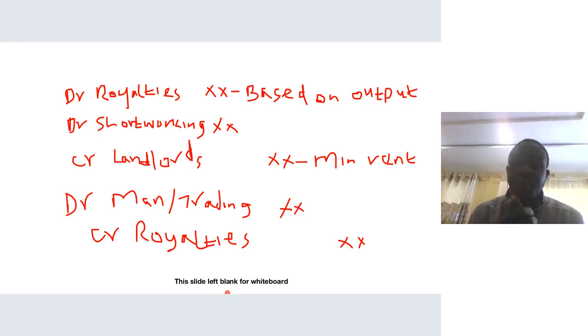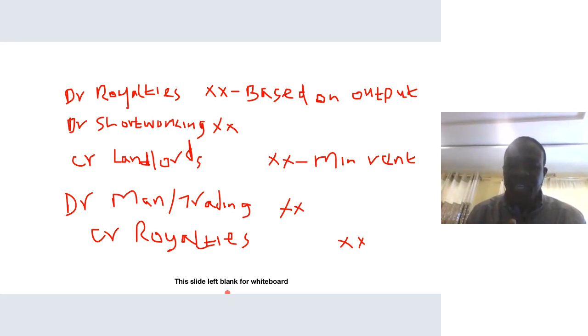And remember, any balances in the short workings account is supposed to be carried as an asset.